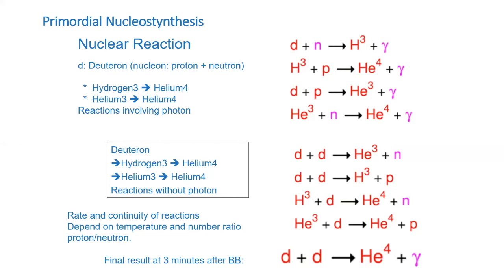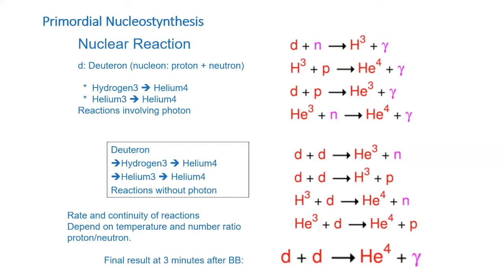That has to wait until the stars are formed. You can imagine, by the Coulomb relation, particles with the same charge would repel. So proton and proton, in the electromagnetic manner, would repel each other.